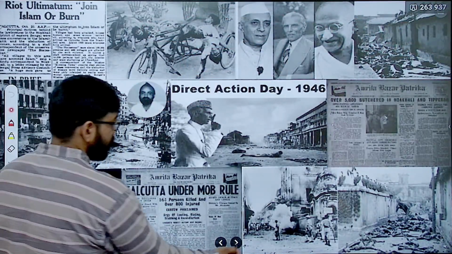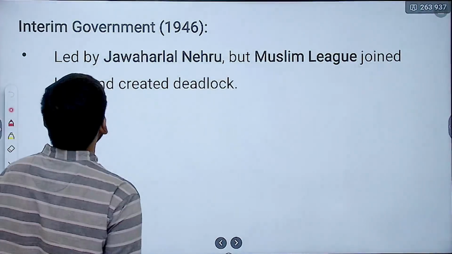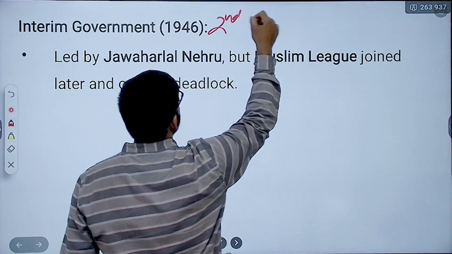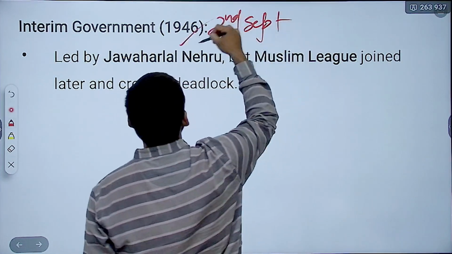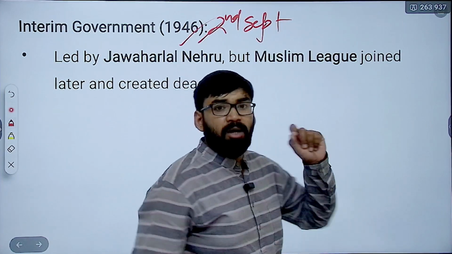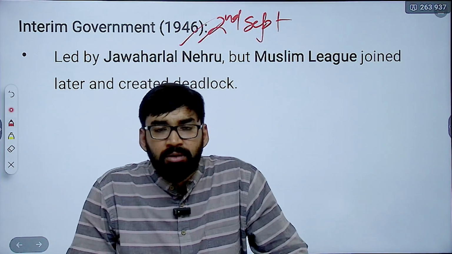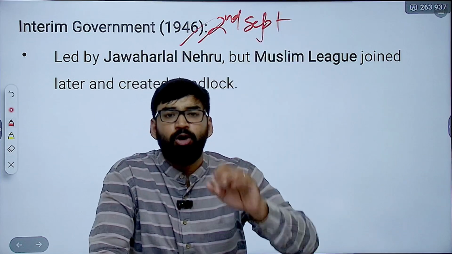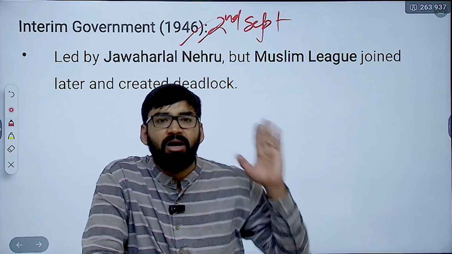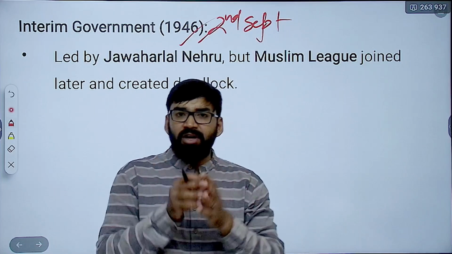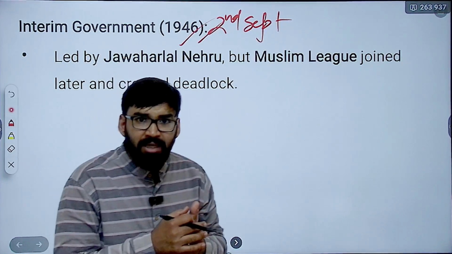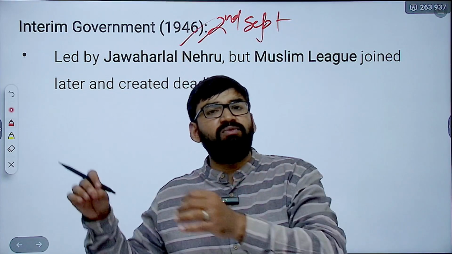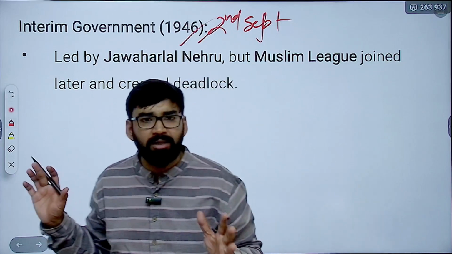Finally, as you can see here in these news cuttings, on 2nd September 1946, the interim government was formed. At that time, Governor General Lord Wavell formed the interim government, and Lord Wavell himself was the president and Jawaharlal Nehru the vice president of the interim government.